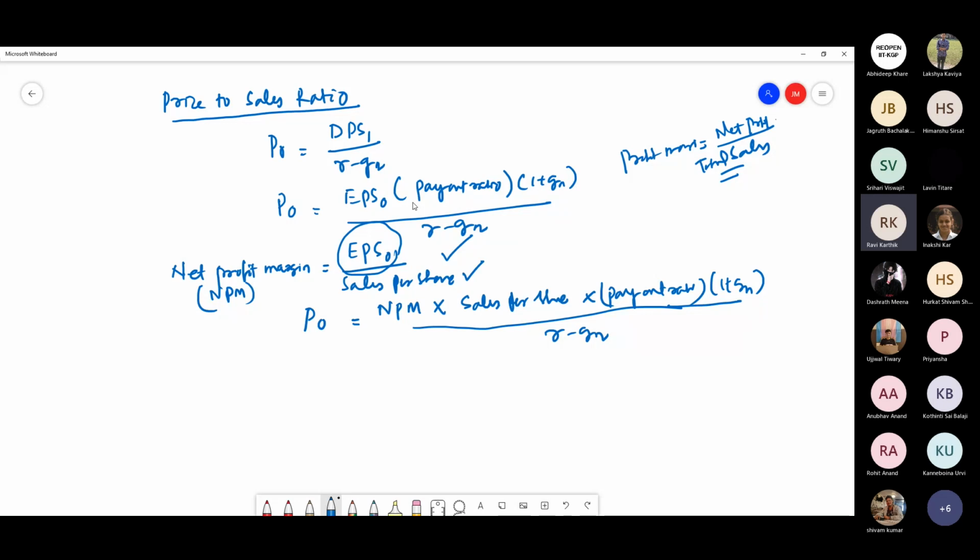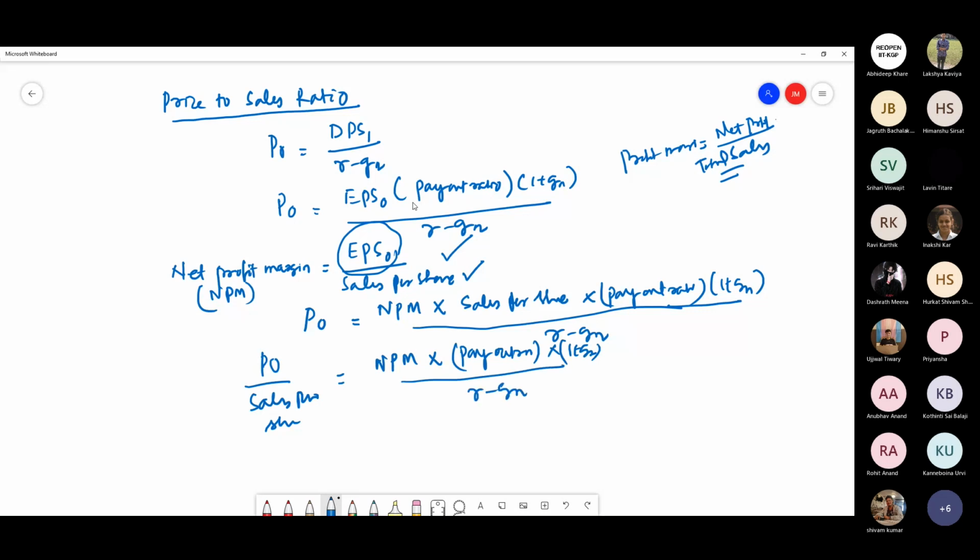So now if you consider P0 by sales per share, that will give you your NPM into your payout ratio into (1 plus g) divided by (r minus g).